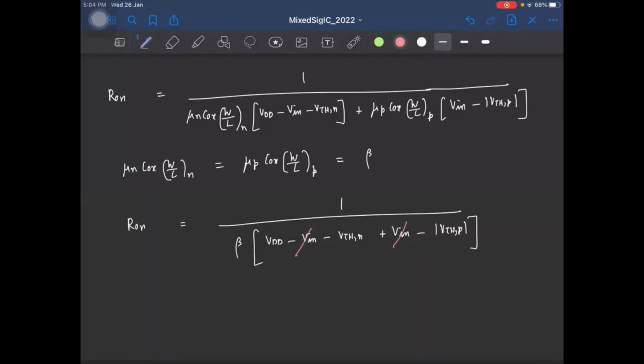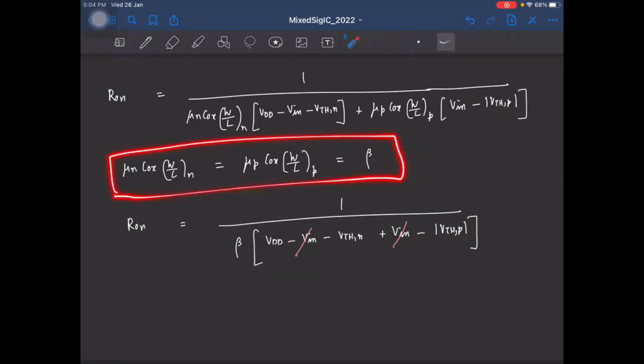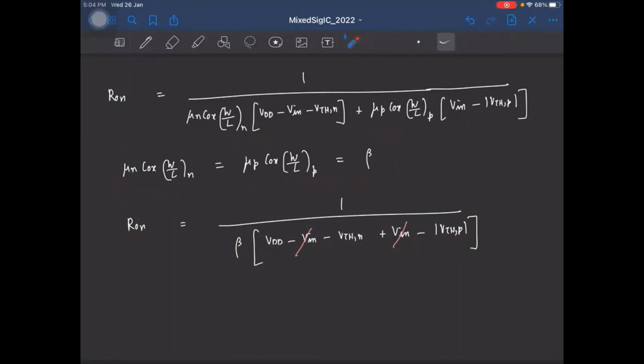So if you take this CMOS switch and design it for this condition, in principle we will have no dependence of the on resistance on the input. For any value of the input, the on resistance is going to be constant, and so we should not see any distortion. But obviously, in practice we cannot guarantee this properly, because mu N Cox and mu P Cox depend on the process.